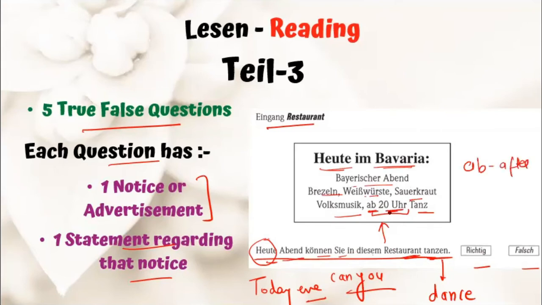After 8 o'clock, you can dance. So yes, in this restaurant, in the evening, we can dance. So this is tile 3. You'll be given 5 such questions, and you have to write right or wrong.